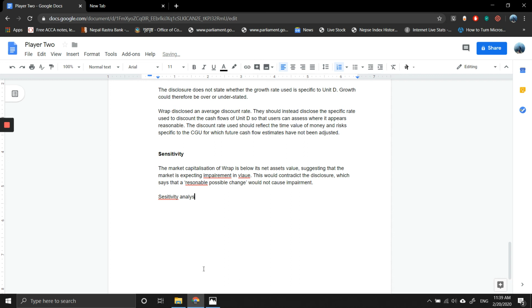Sensitivity analysis would therefore be of use to the users, so that they can assess the likelihood and impact of potential future impairments.